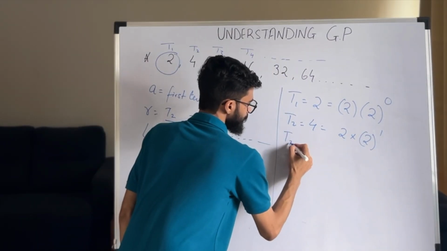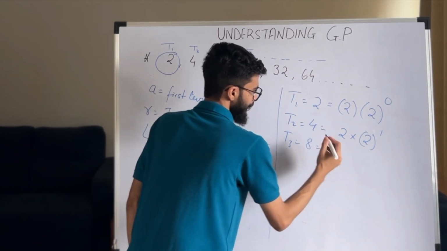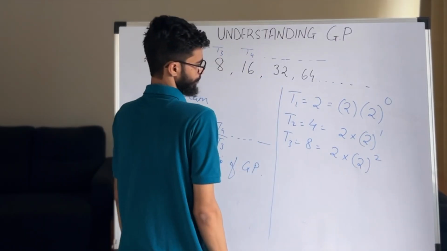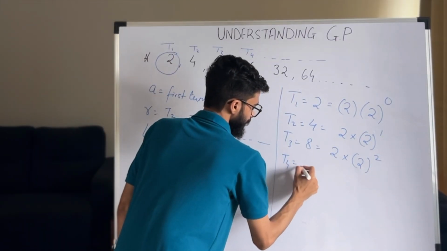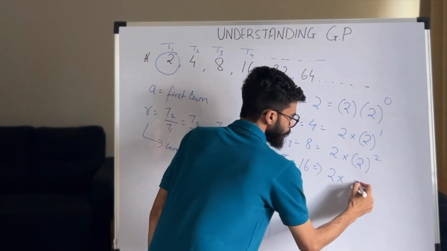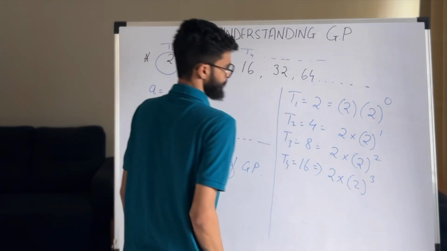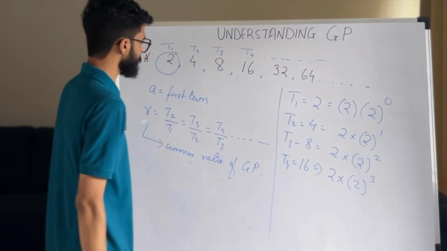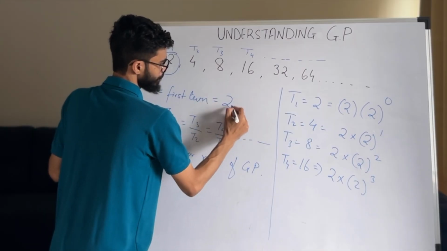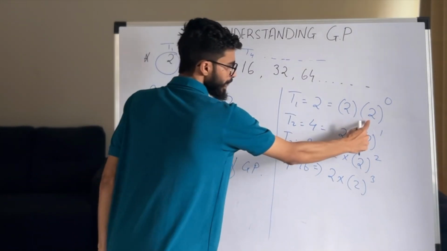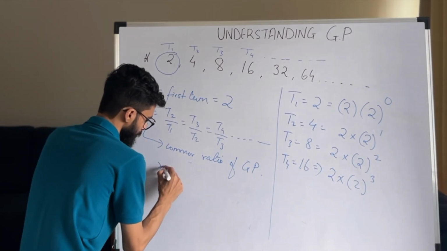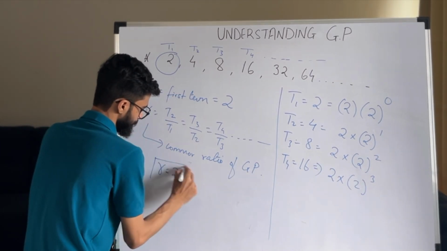Now T3, which is 8, can I write this as 2 into 2 raised to 2? Now T4, can I write this 16 as 2 into 2 raised to 3? Now if I look carefully, this 2 is nothing but my first term, and this 2 raised to something is nothing but my common ratio, which is R.